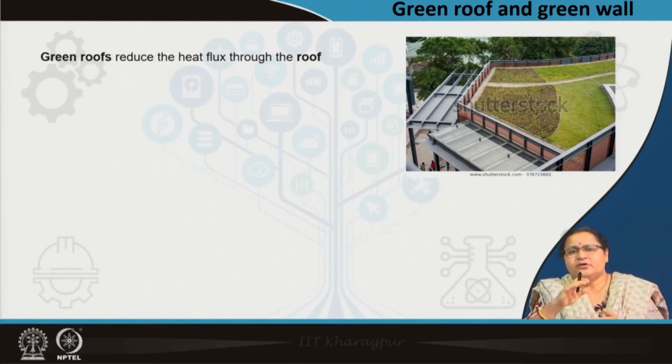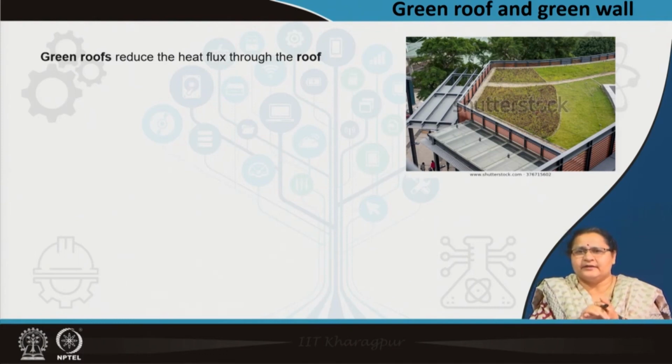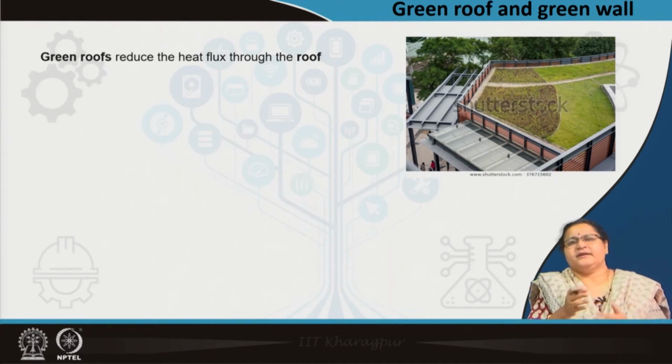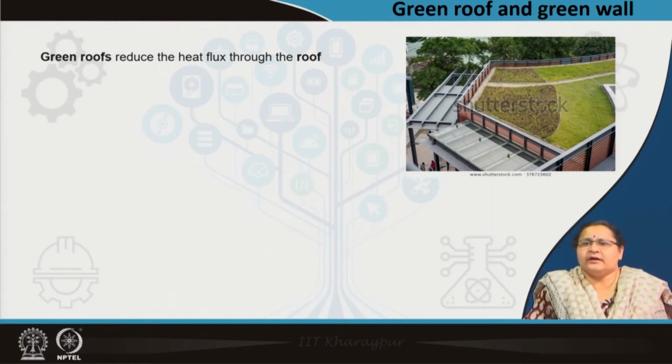So, you have to allow a good thickness for a green roof. Automatically it reduces the heat flux through the roof, but at the same time there are multiple things happening between the layers. So, we have to be very careful to recommend a green roof just for the purpose of insulation. Yes, it replaces the amount of green you are losing at the ground level, and you are replacing that on the top maybe partially, but it does not mean it is giving you thermal insulation, and that is why you need to do a green roof.